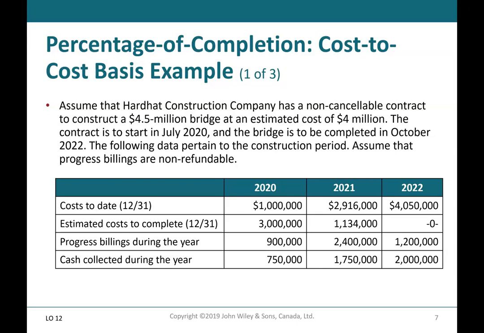Progress billings during the year: 2020, $900,000; 2021, $2.4 million; 2022, $1.2 million. Cash collected during the year: 2020, $750,000; 2021, $1.75 million; 2022, $2 million. How would the percentage of completion be calculated?